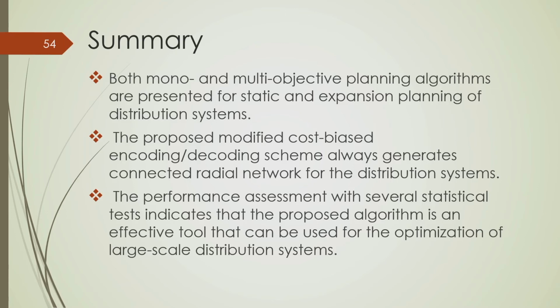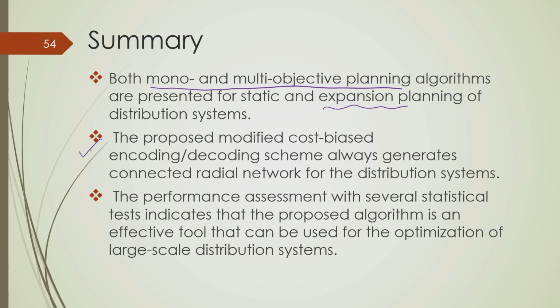So, let us have a summary over here. Up to this we completed the discussion of mono and multi objective distribution system planning problems and corresponding solution strategies. We call them multi objective optimization solutions. These are discussed for different types of planning problems, which include static problem or expansion problem.